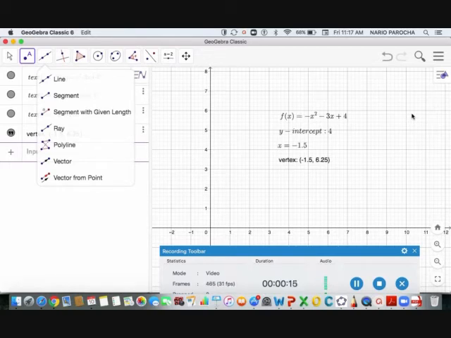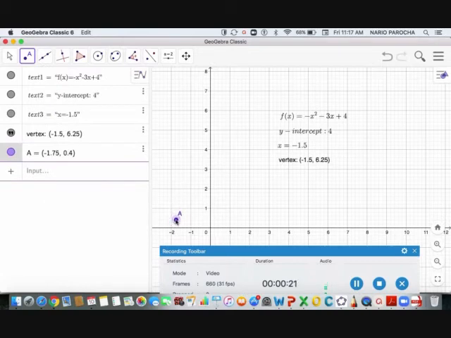I've also placed here the values that we got in the previous video: the y-intercept, the equation of the axis of symmetry, and the coordinate of the vertex. I'm going to make use of GeoGebra, and let's get started.